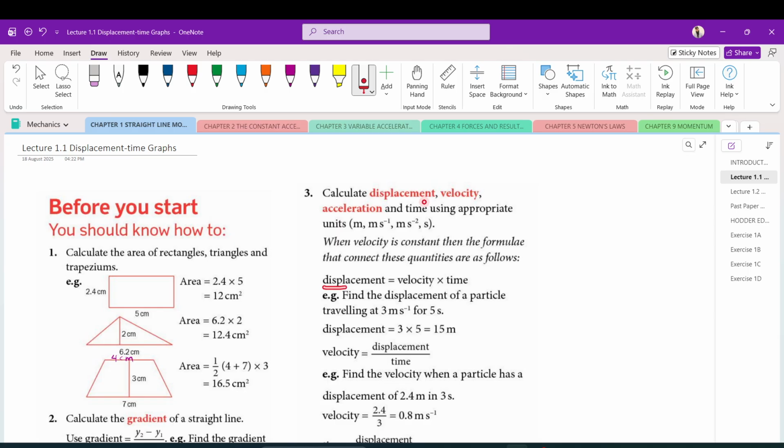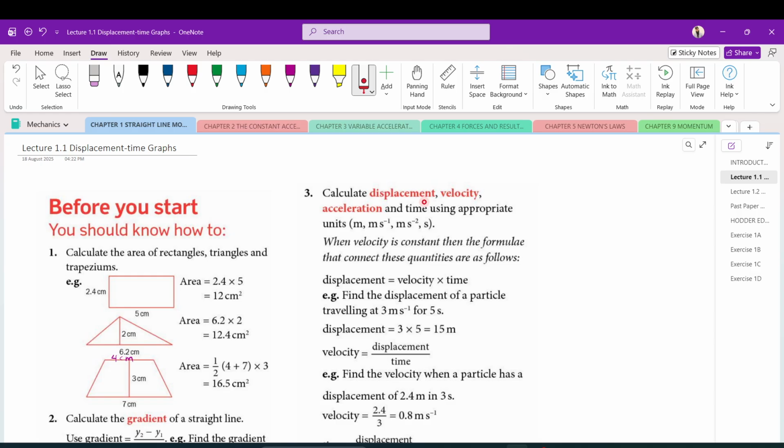So our first formula is displacement equals velocity into time. You can also rearrange this equation into velocity equals displacement upon time. So for example, find the displacement of a particle traveling at 3 meters per second for 5 seconds. So this is your velocity, this is your time. So you should be able to calculate the displacement.